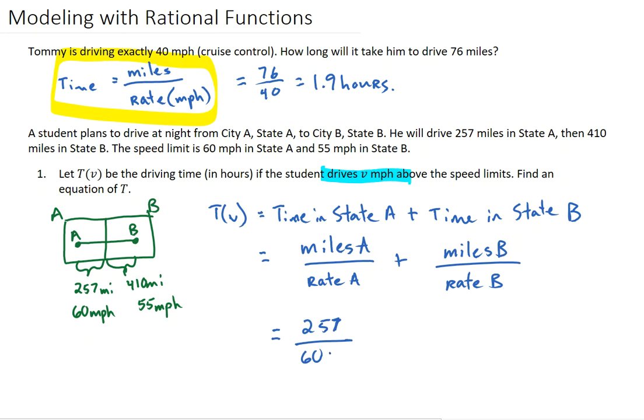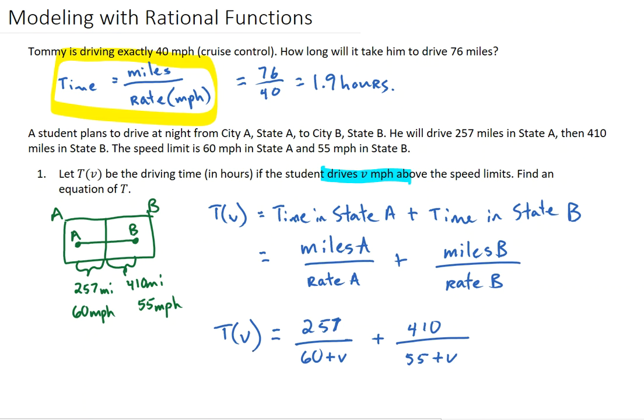So what we need to do is do 60 plus V for that speeding variable. And then we're going to add to that the miles in State B, which is 410, and divide that by the speed limit plus V, which is kind of ridiculous. But that's going to be our T of V equation.